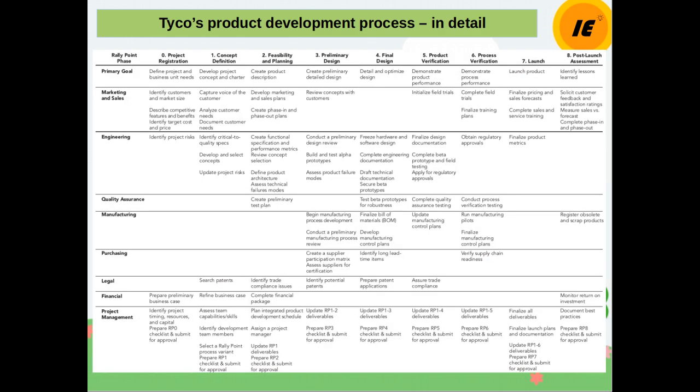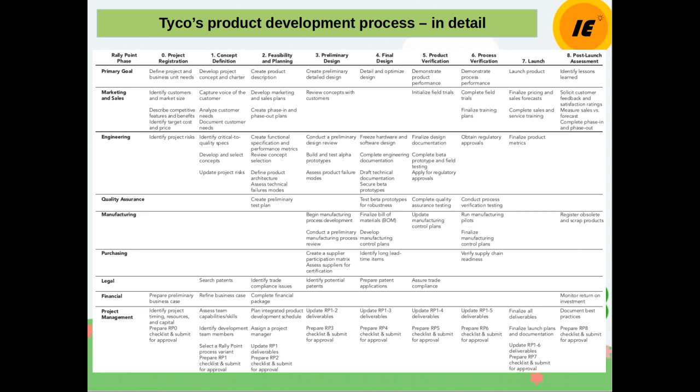Now we will see Tycho's step-by-step processes in more detail, where the tasks in each stage will be divided or categorized into names like primary goal, marketing and sales, engineering, quality assurance, manufacturing, purchasing, legal and financial, project management.